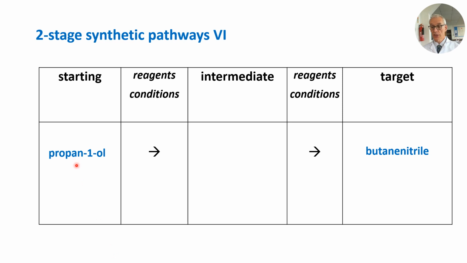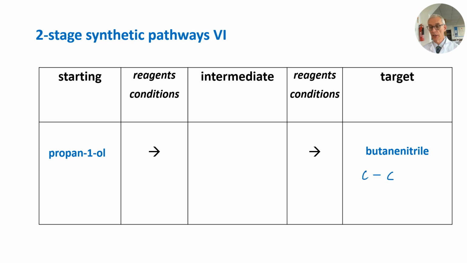So number 6, propan-1-ol to butane nitrile. Now you need to correctly identify the target molecule. So let's just make sure we've got the structure of butane nitrile.